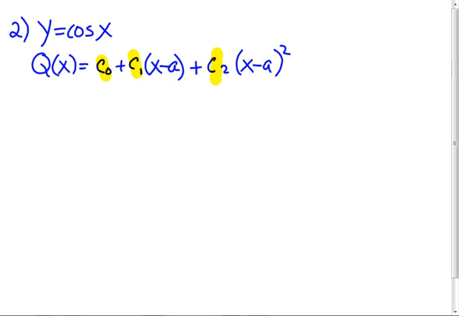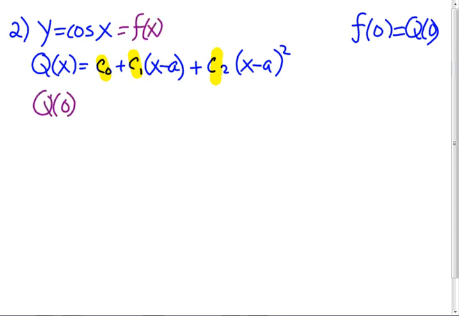Okay, so we know that f of 0 is equal to q of 0. Okay, let's use that. This is f of x. What's q of 0? Oh, by the way, we're going to do this at 0.